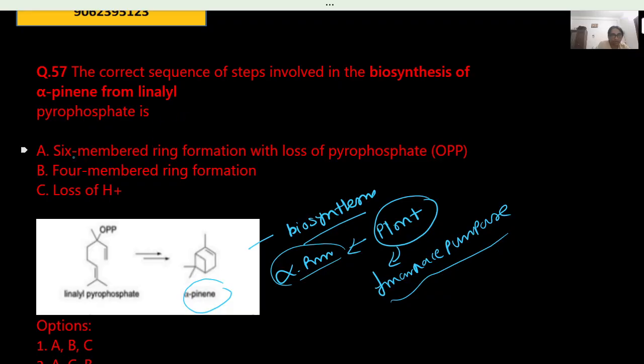During the reaction, a six-membered ring is formed with loss of pyrophosphate. The pyrophosphate is a leaving group attached to allyl pyrophosphate. Then a four-membered ring is formed, and also there is loss of H plus ion.